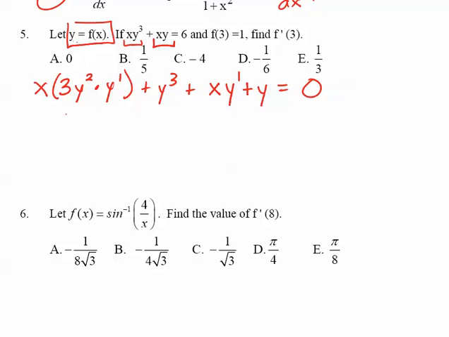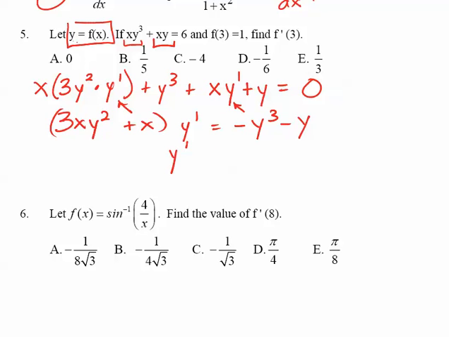It depends what you want to do here. If I rewrite these two terms that have y prime, I'm going to keep on this side, and these two terms that do not, I'm going to move to the other side. So y prime would look like this if we solved it: x squared y squared plus x.